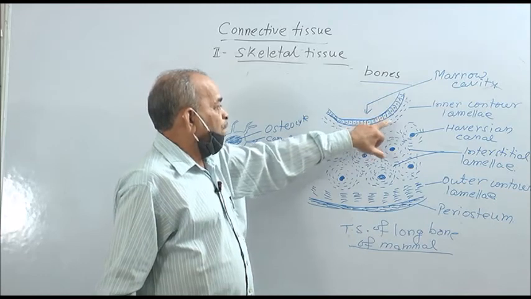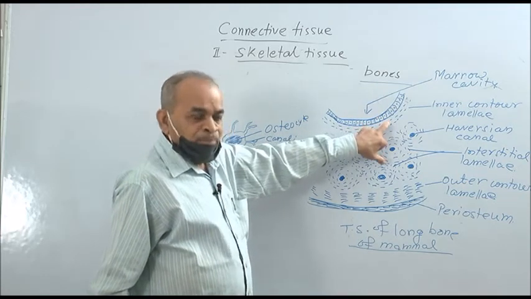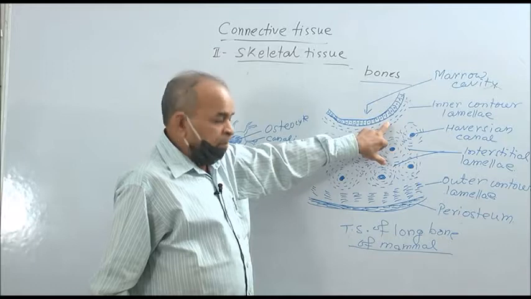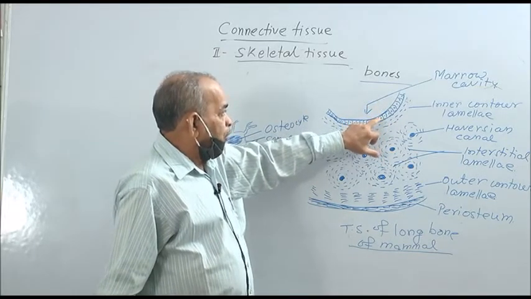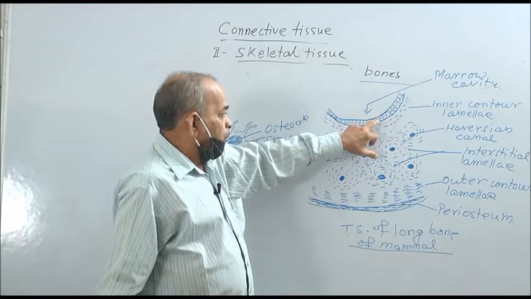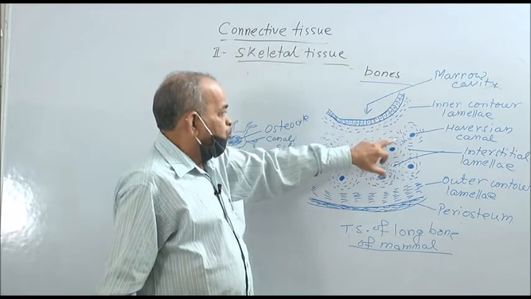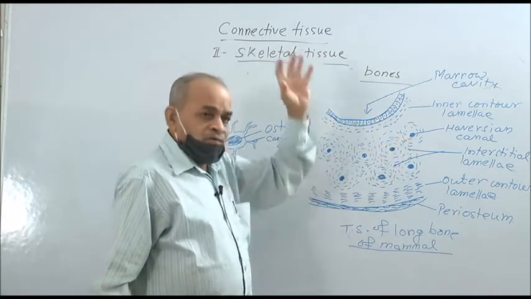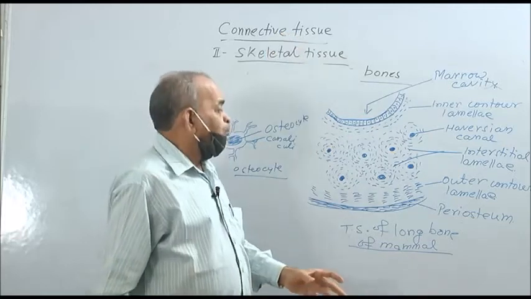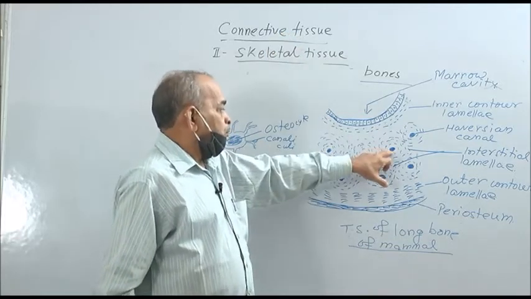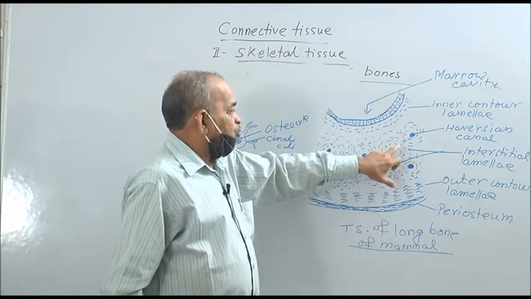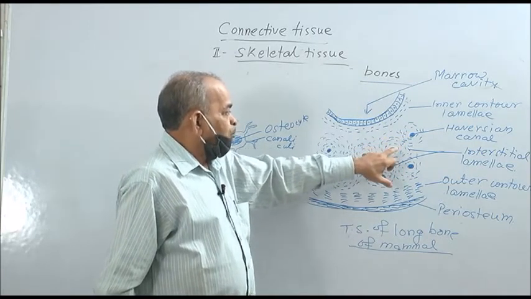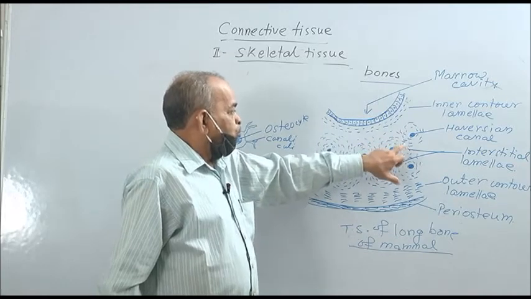So inner contour lamellae, these are the lamellae, just on the side of the marrow. Then these are the Haversian canals, long canals within the bone, and each Haversian canal is surrounded again by lamellae.